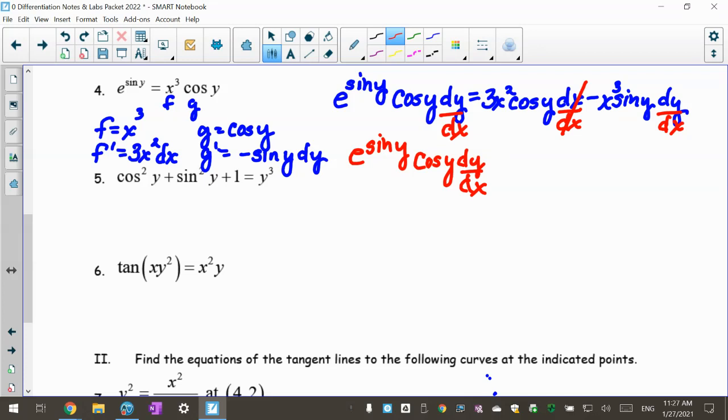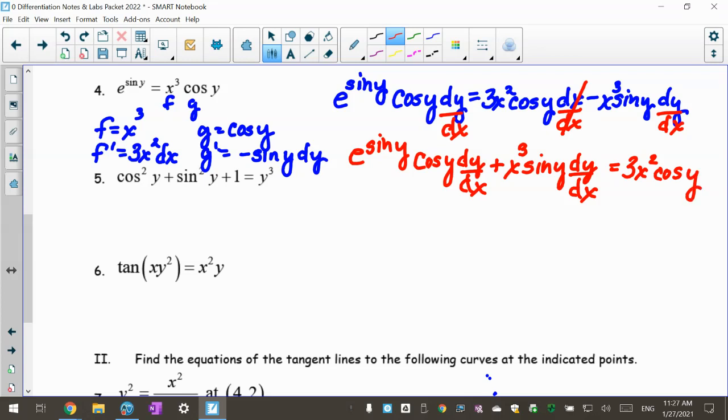So that's going to be plus x cubed sine y dy dx as well. And it's going to equal the 3x squared cosine y that was already on that side.